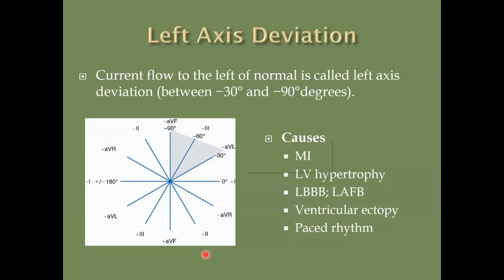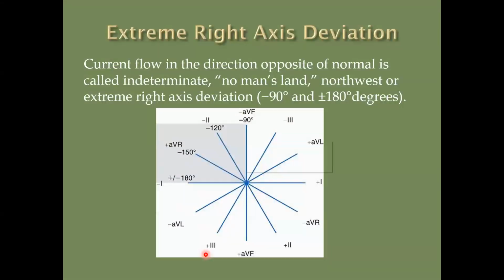And then a paced rhythm, because unless it's a biventricular pacemaker, the pacing wire is down in that right ventricle. So I mentioned no man's land, and that's the axis up here, and that would certainly be considered abnormal. We can see that in somebody that has a ventricular tachycardia that originates down here, and the impulse travels upward.